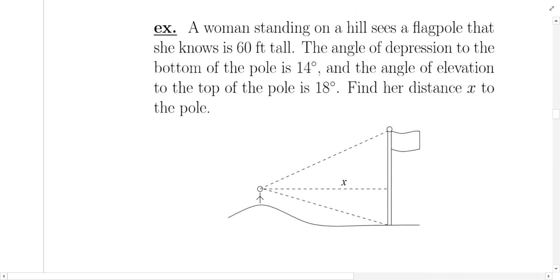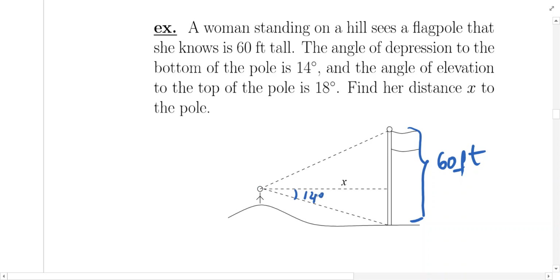All right, one more. A woman standing on a hill, it's right here, sees a flagpole that she knows is 60 feet tall. So I know that from here to here I have 60 feet. The angle of depression to the bottom of the pole is 14 degrees. So she's looking down, so this is the angle of depression.